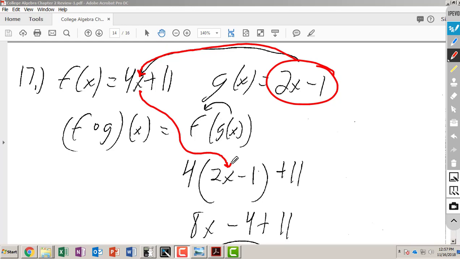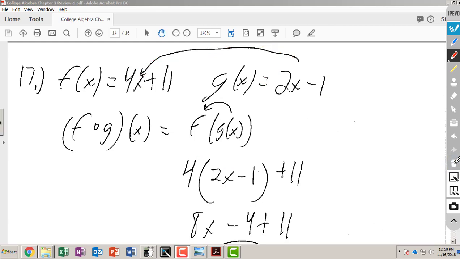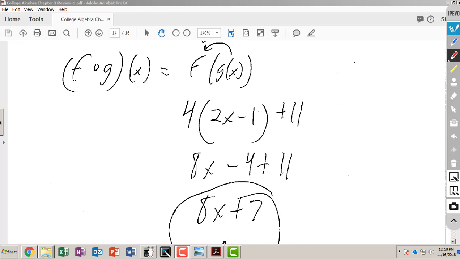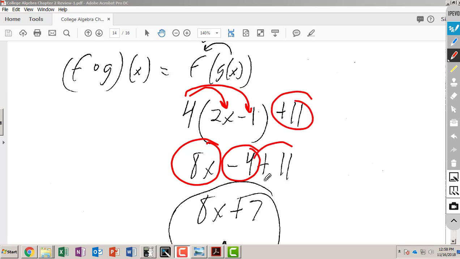Now that you've substituted it in, it's just a matter of distributing that 4 on through and then simplifying the remaining equation. When I distribute the 4, I end up with 4 times 2x, which gives me 8x, and 4 times negative 1, which is negative 4. And then I still have my plus 11.